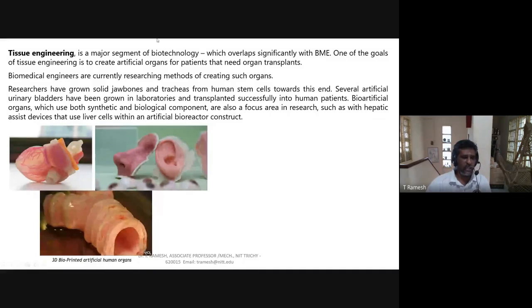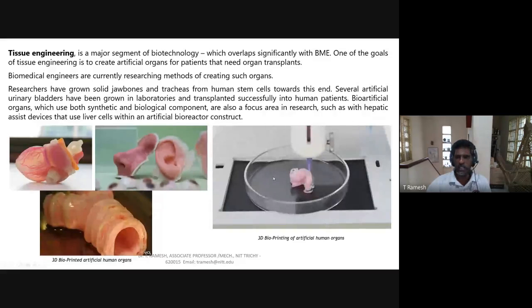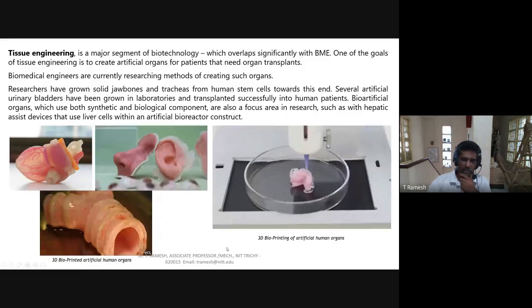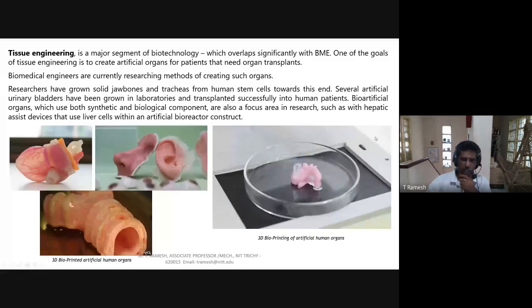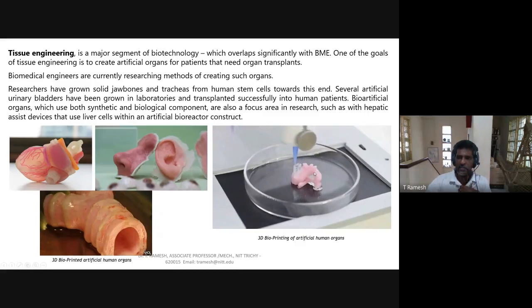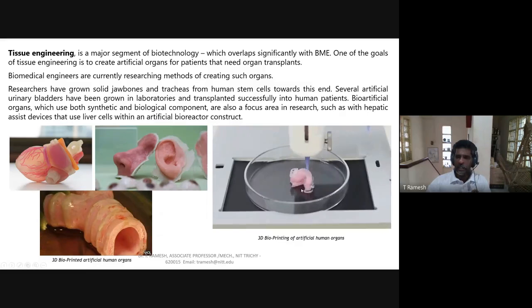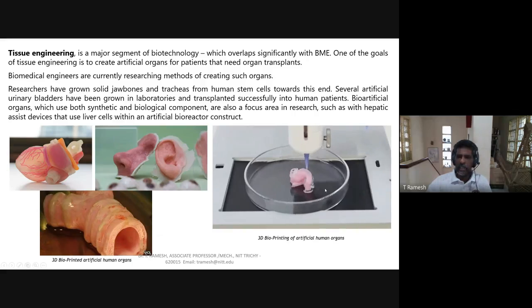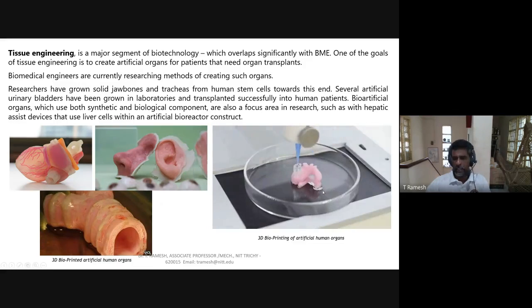So these three are 3D bioprinted artificial human organs, and this is one such organ, in a video captured during the bioprinting of artificial human organs. In this technology, it manufactures the device or the organs layer by layer. After finishing a layer, it will grow another layer over it.